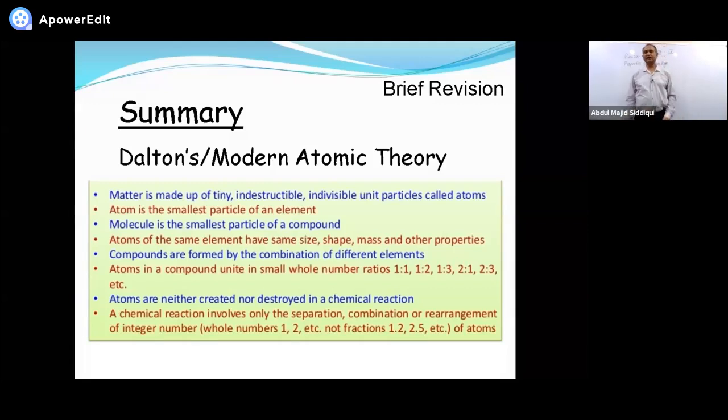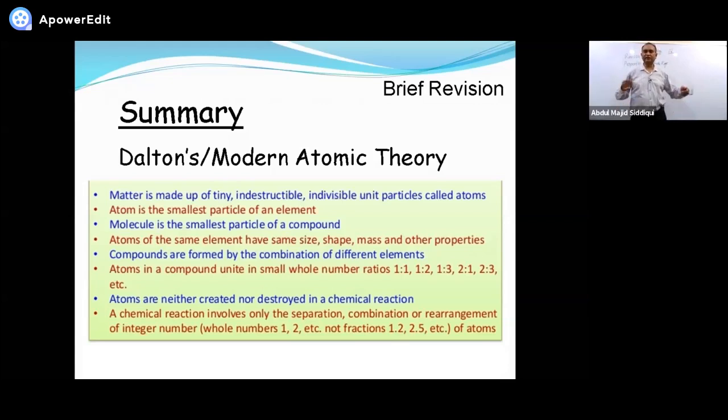went side by side. According to Dalton's atomic theory, everything is made up of indivisible, indestructible particles called atoms. I am revising it in a comparative form. According to modern theory, the atom can be divided.